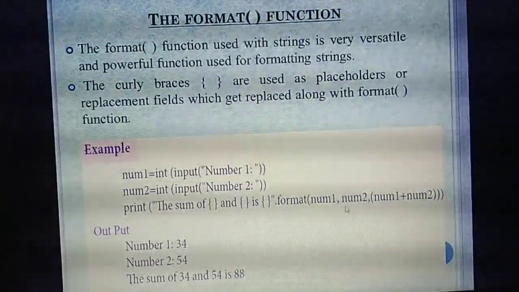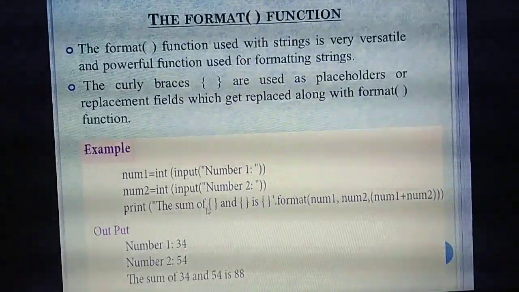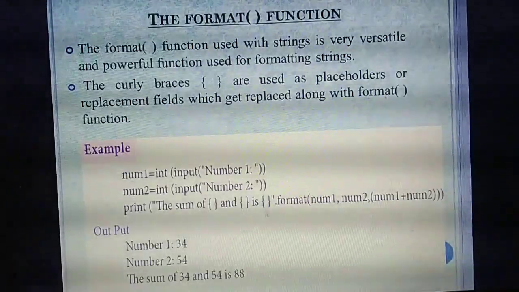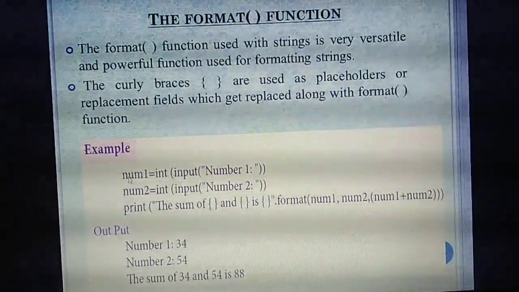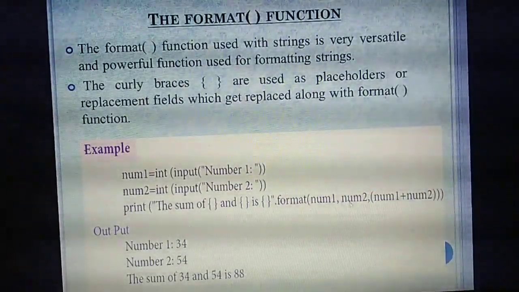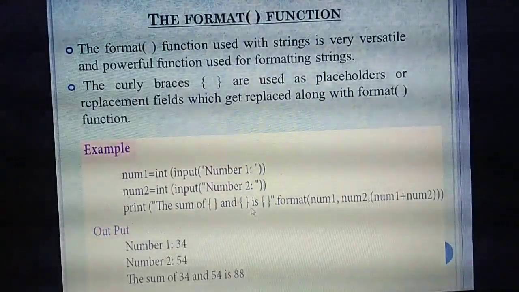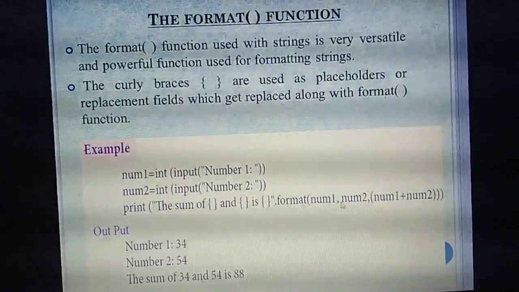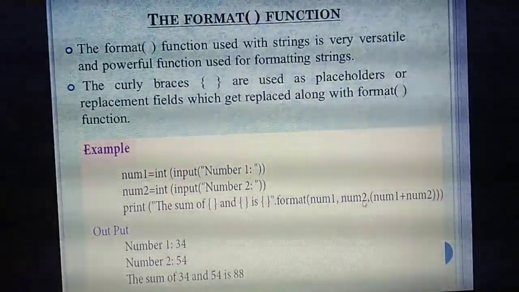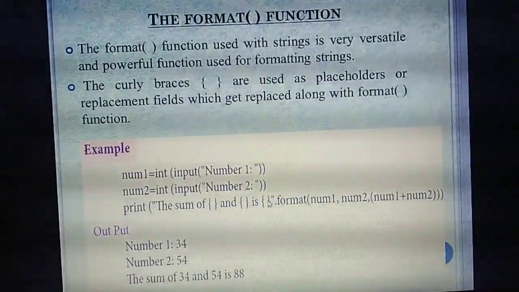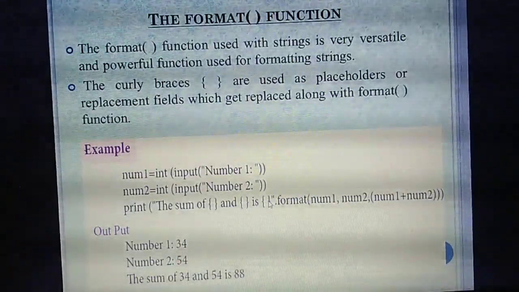Listen here. How many numbers are you entering? Two. Based on this you can give the curly braces. What are the numbers? num1, num2. The value you enter here will be stored in the curly braces. So format(num1, num2). Then the third curly brace: you are going to add two numbers and store the result in it.